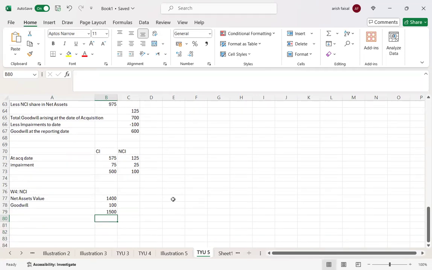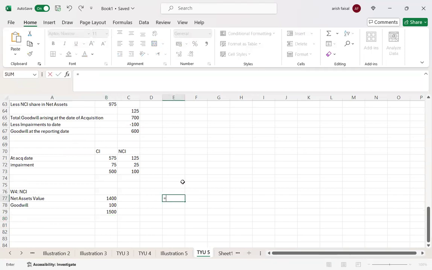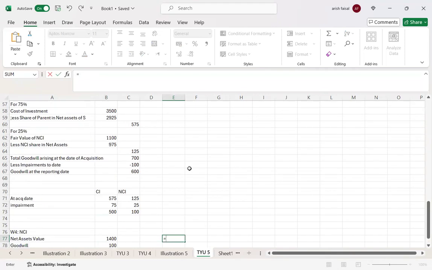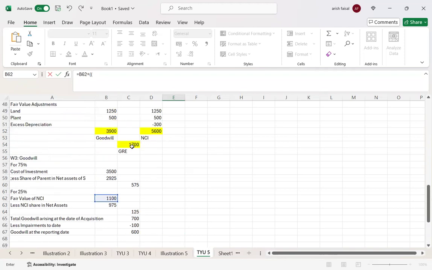The other way to calculate the NCI would be to take the fair value of the NCI at the date of acquisition, which you know is 1,100. And to that 1,100, you can add the post-acquisition share of NCI in the increase in the net assets. So you can see the increase in the net assets has been 1,700, and the NCI share from there is 25 percentage, right?